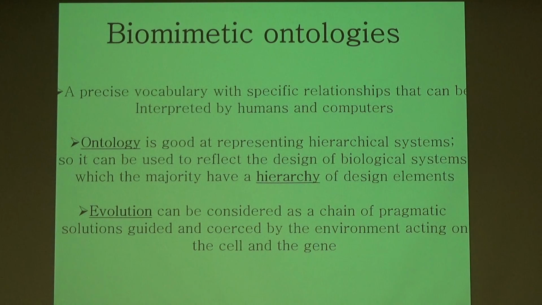It's another way of organising solutions from nature into a way that you can then implement in your problem solving. And this is called an ontology, so developing biomimetic ontologies. So it's a good way of representing nature, which is very hierarchical. So an ontology is a database that's not just like a classification system, a normal database.